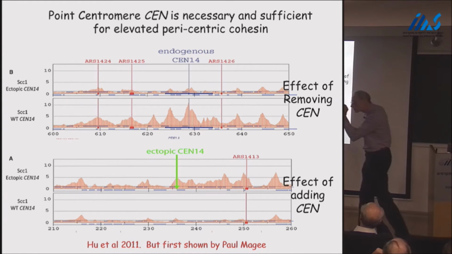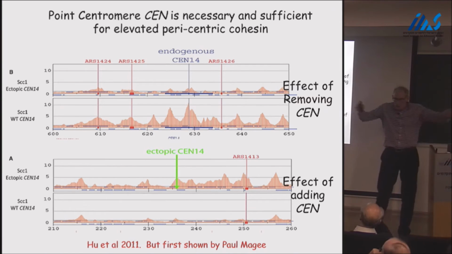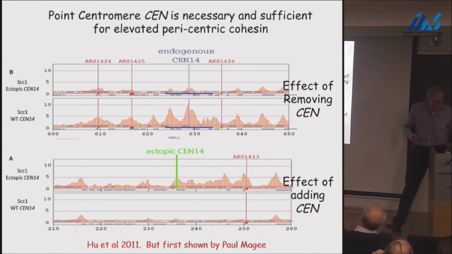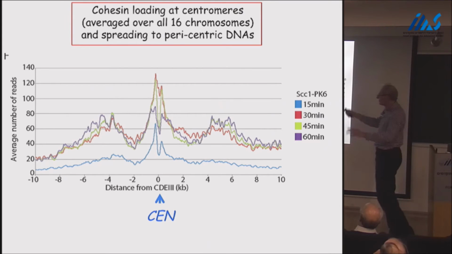So that point centromere is both necessary and sufficient to drive the association with pericentric sequences of around 60 kilobases in interval of very high levels of cohesin. The idea essentially is that the cohesin is loading at the centromere and then translocating down into the pericentric sequences.